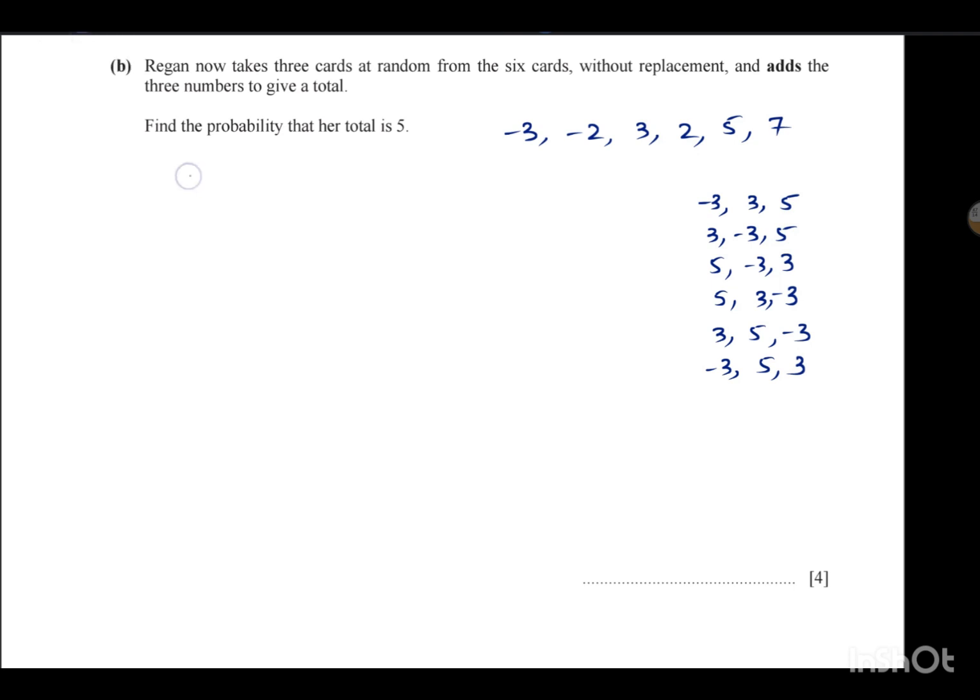Let us take that: 6 into 1 by 6 into 1 by 5 into 1 by 4. Then the other set of numbers is minus 2, 2 and 5. So that also has the same kind of possibility: 6 into 1 by 6 into 1 by 5 into 1 by 4.